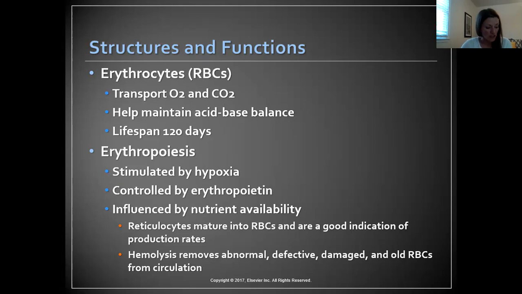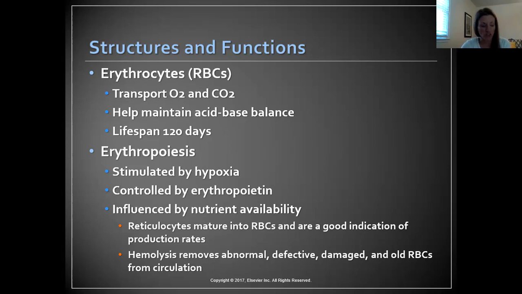Many essential nutrients are necessary for erythropoiesis. These include protein, iron, folic acid, vitamin B12 or cobalamin, riboflavin or vitamin B2, pyridoxine or vitamin B6, pantothenic acid, niacin, ascorbic acid or vitamin C, and vitamin E. Erythrocyte production is affected by endocrine hormones such as thyroxine, corticosteroids, and testosterone.